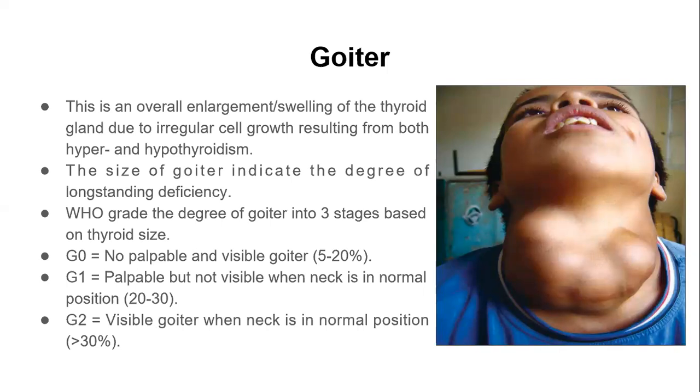Goiter is just a swelling or enlargement of the thyroid gland. And this is as a result of uncontrolled growth of the cells, and may be a result of hyper or hypothyroidism. So in either case, hyper and hypothyroidism lead to an increase in size.